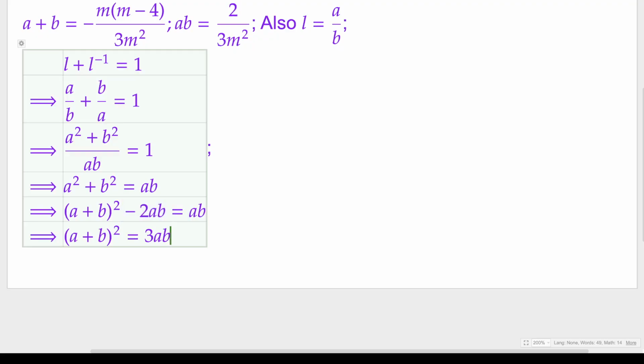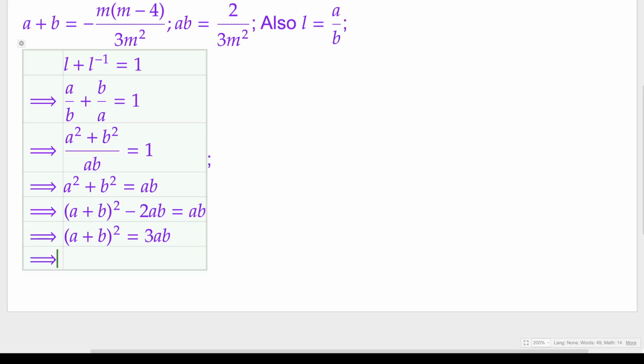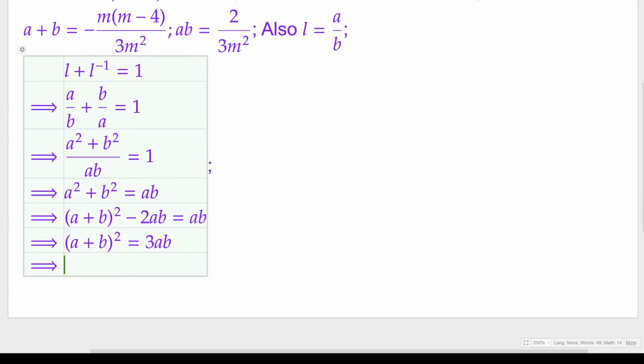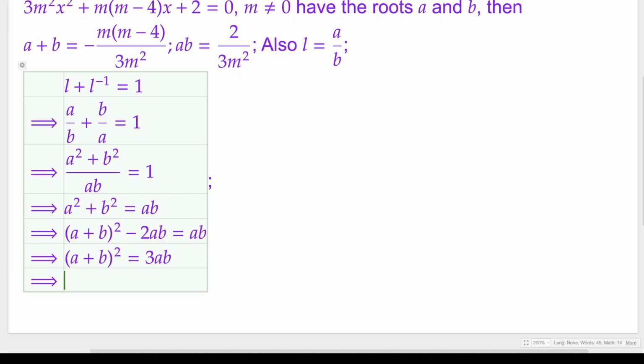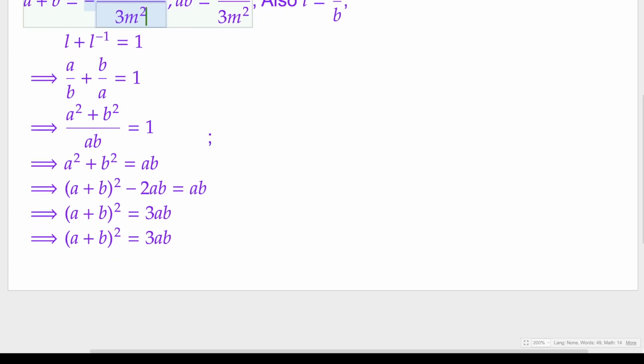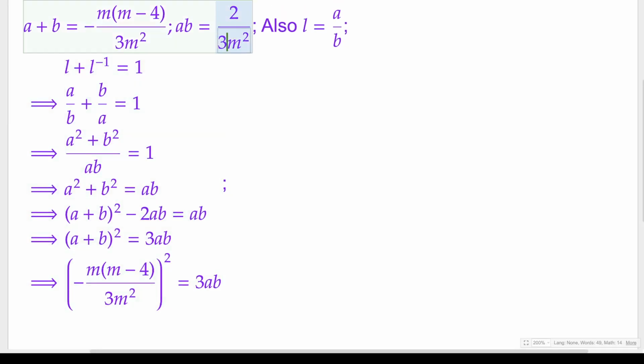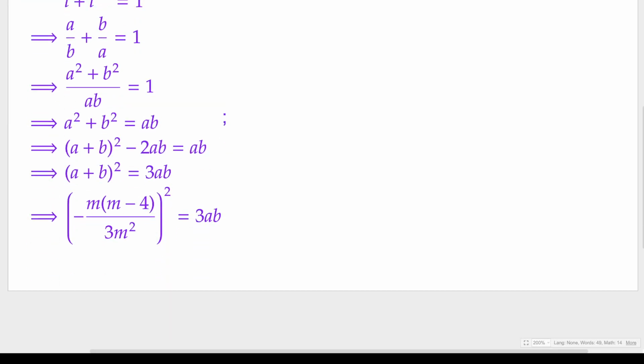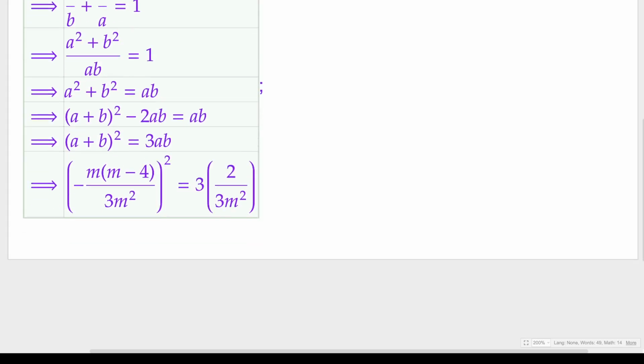Now we can make our replacements. Instead of a + b, I can write the negative of this quantity, and ab is given as 2 over 3m². So 3 times the product ab, and the 3 is effectively cancelled out.